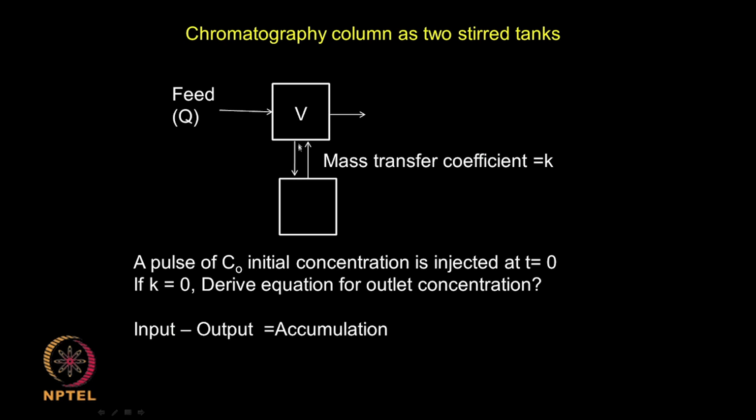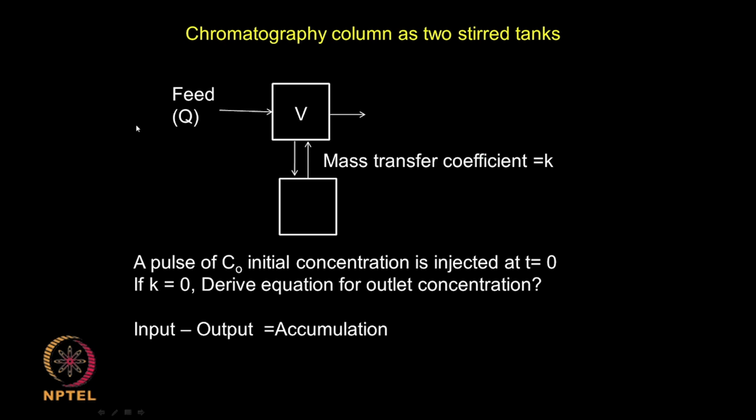This is almost like a dead space, and the other is well mixed. K can be some number between 0 and infinity, which tells you how good the mass transfer is between the dead space and the mixed space.